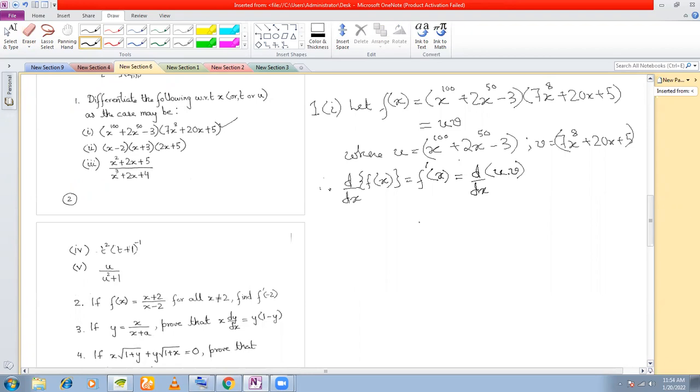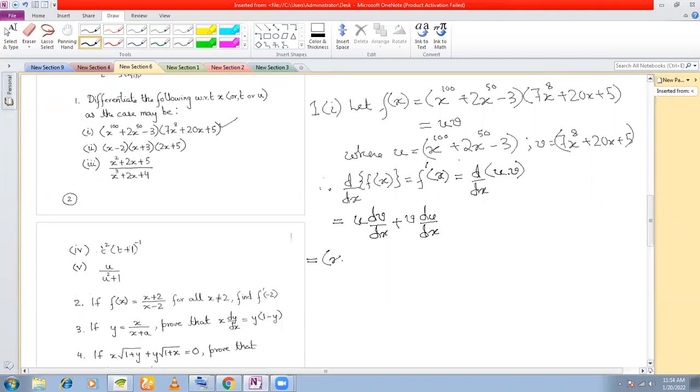This is just to show you, because I'm just starting this, that is why I'm showing you the u into v rule. Later on, I will not be writing u into v. I'll be using the rule directly. What is this rule? u dv/dx plus v du/dx. So now you can put the values here.